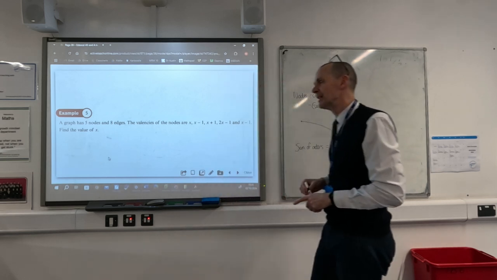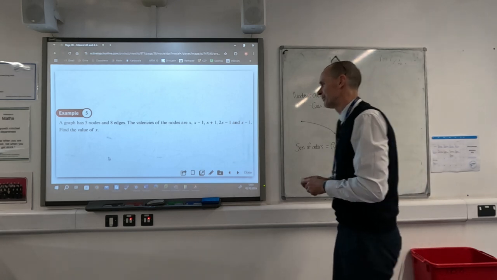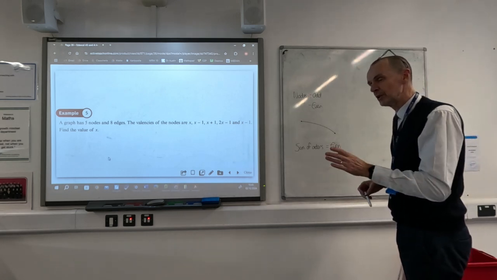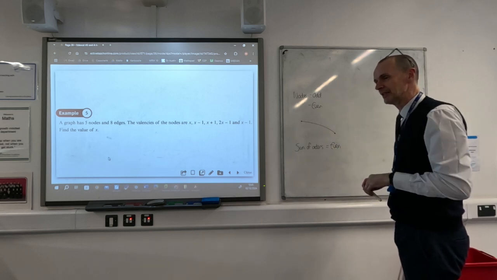Right. So that means the orders are going to add up to 16. What's the valency? Same as the order. How many edges meet at a particular node?